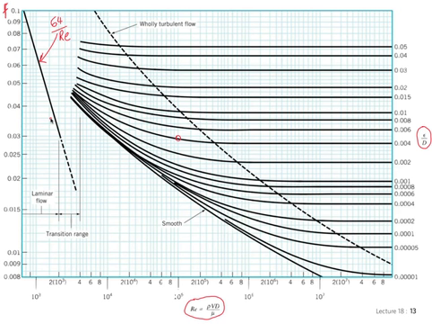For turbulent flow, with very large Reynolds number, over here, the friction factor practically becomes a function of epsilon over D only, and it practically doesn't change any longer with Reynolds number for very large Reynolds number.